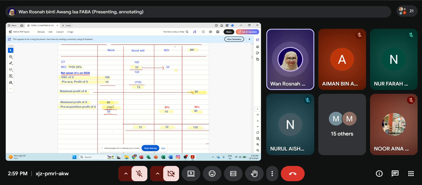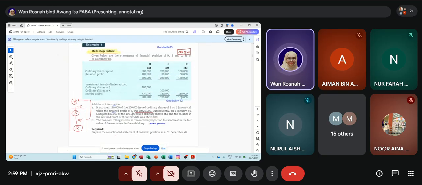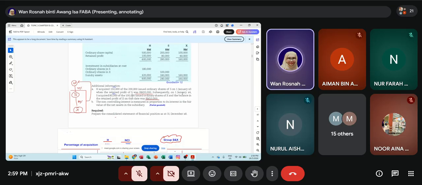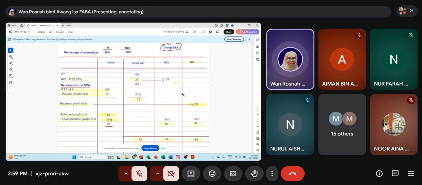This is retained profit of X on 31st December 2008, and you minus pre-acquisition profit of X, which is 10,000.